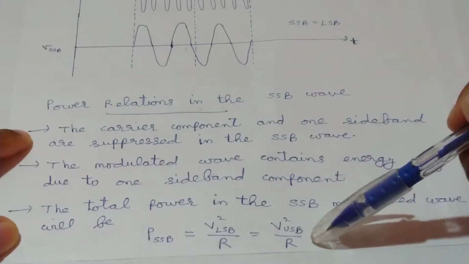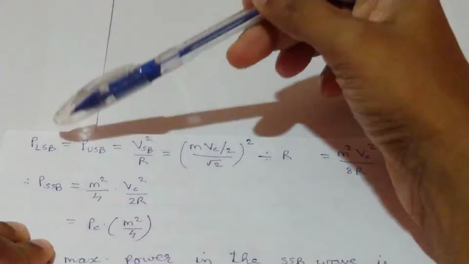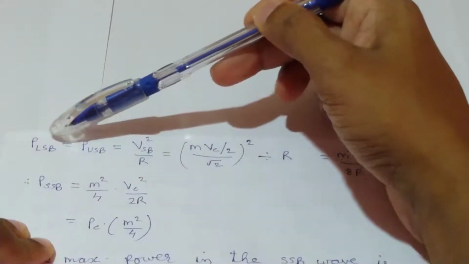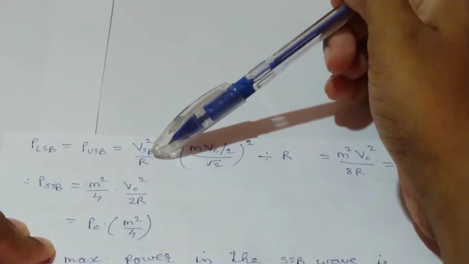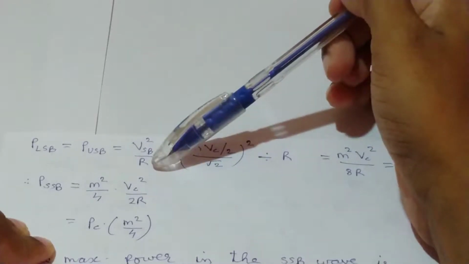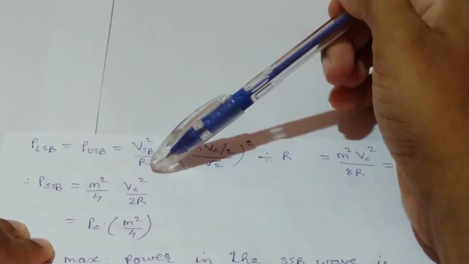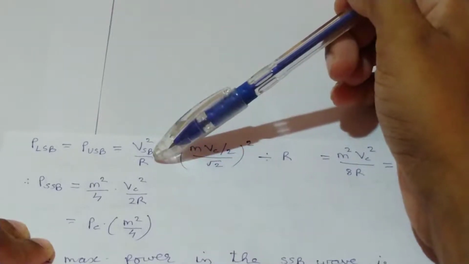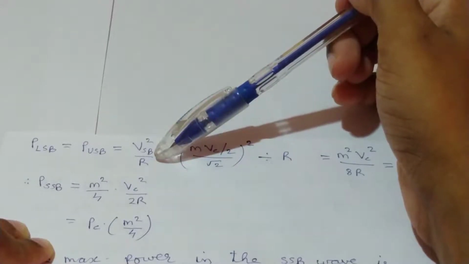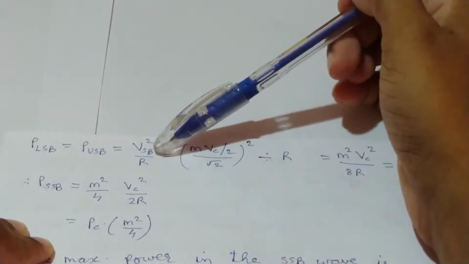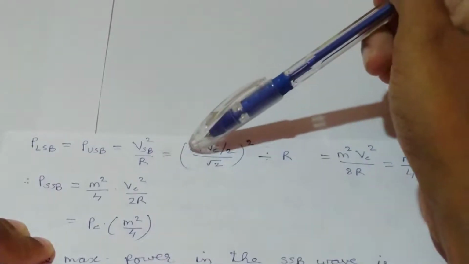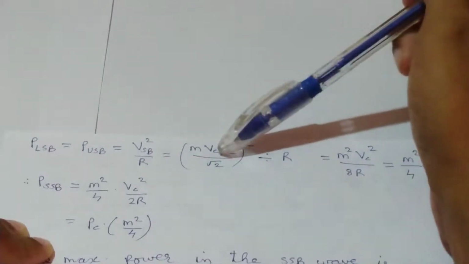So now we are going to calculate the values of this. We know the power in the lower sideband component is equal to the power in the upper sideband component, and we can represent that generally as VSB square divided by R. If we are transmitting the lower sideband component, then this will be VLSB square divided by R, and if we are transmitting the upper sideband component, then this will be VUSB square divided by R. Then we know the value of VSB is equal to MVC by 2 divided by root 2.